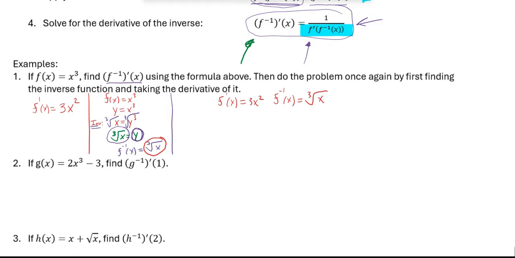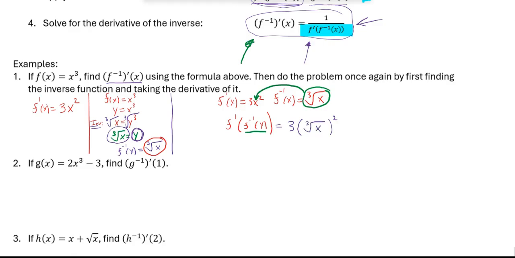Now this mouthful up here, this f prime of f inverse of x, all that means really is put the inverse function into the prime function. Put this function into the derivative. And so all we're going to do is write the derivative. It's 3x squared. But instead of writing x, we're putting in the inverse. So we're going to put the third root of x in there.